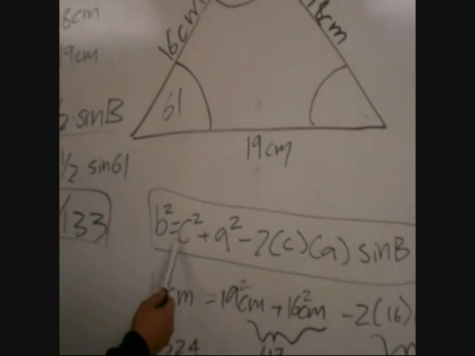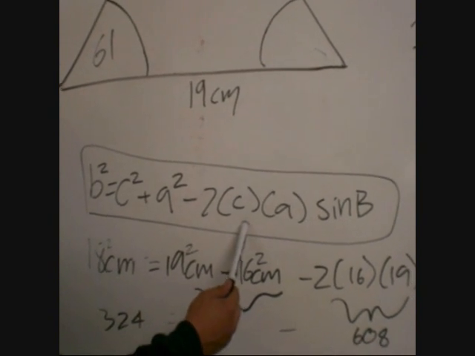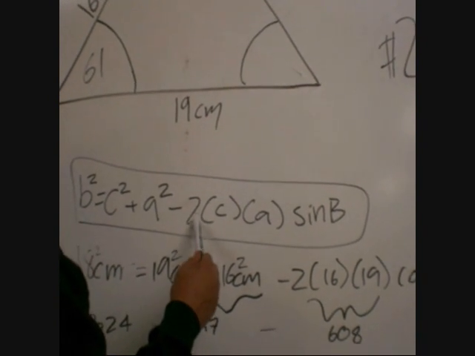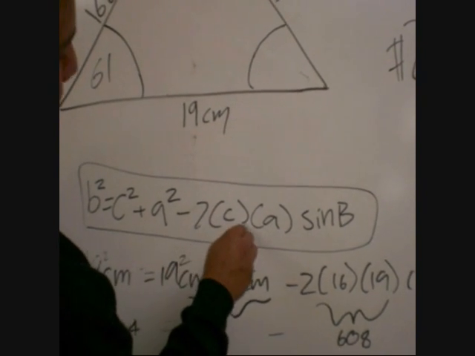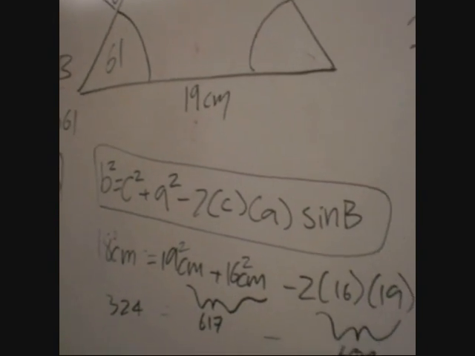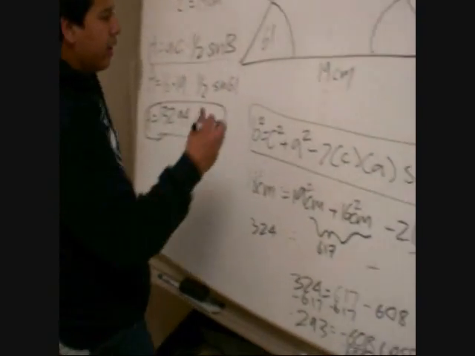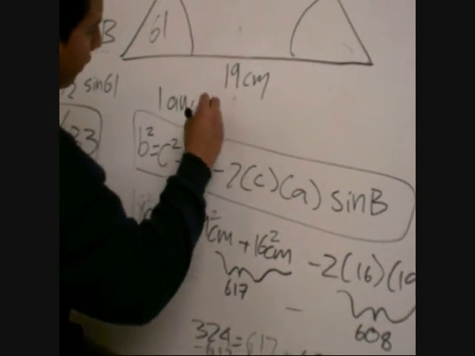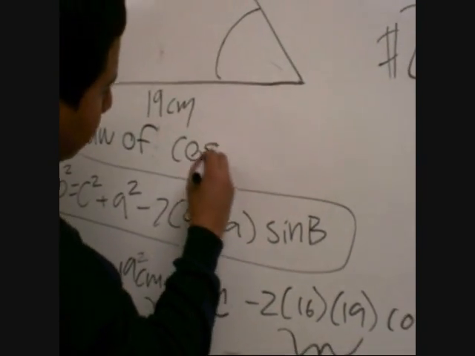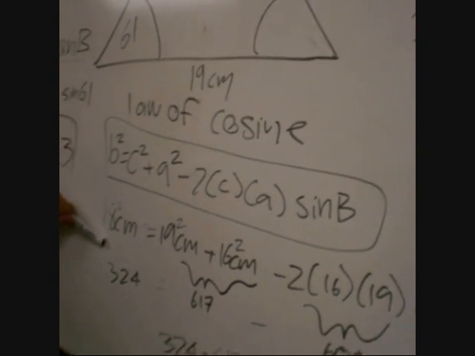It would be b squared equals c squared plus a squared minus 2 times c times a times cosine of b. And so right here, there's the formula for the law of cosines, and right here you see it all plugged in.